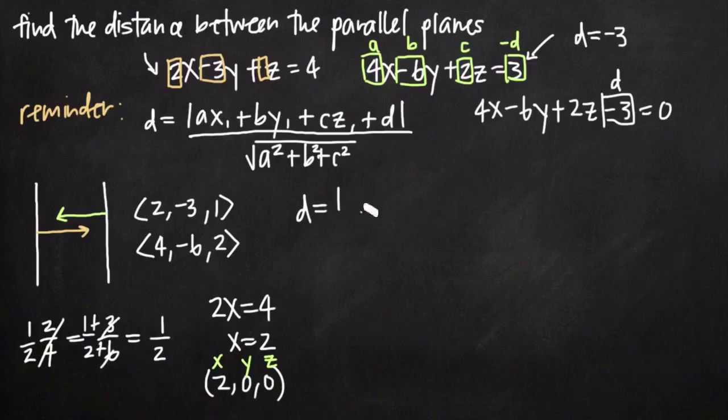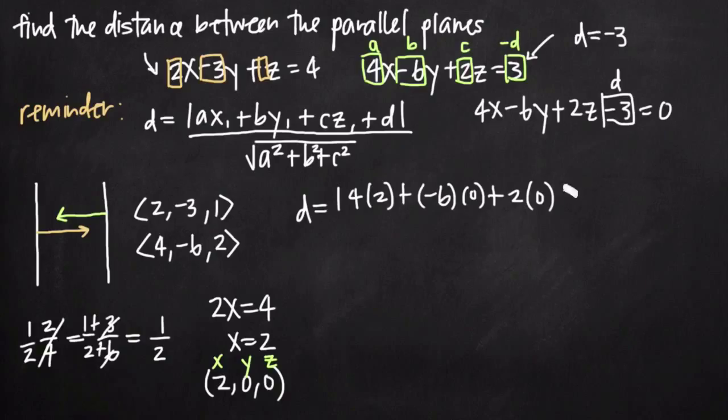So we're going to have the absolute value of a, which we know is 4, times x sub 1, which comes from our coordinate point here, that's 2, plus b, which here is -6, so -6 times the y value from our coordinate point, which is 0. Then we add to that c, which is 2 right here, so 2 times the z value from our coordinate point, which is 0. And then remember for d, we're plugging in -3 right here.